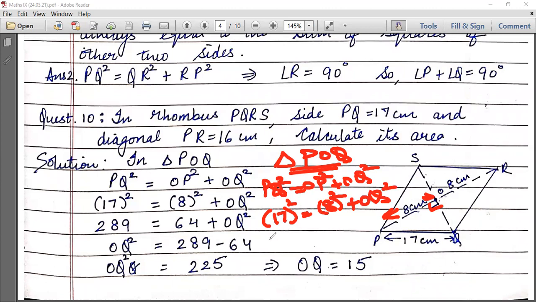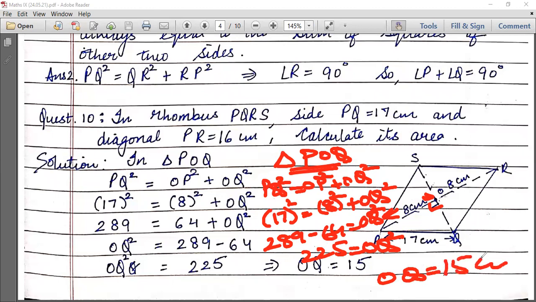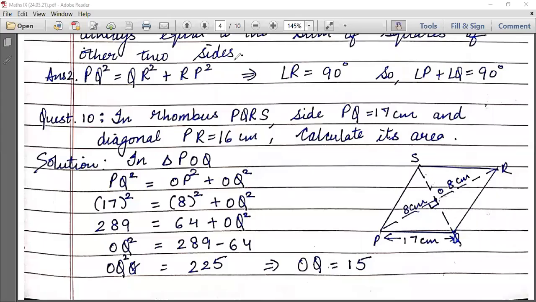So 17 square is 289 minus 64, which is equal to OQ square. Finally you will get 225 as OQ square, and your OQ is equal to what? It's 15 centimeter. Is it clear, children? What is your OQ? 15 centimeter.